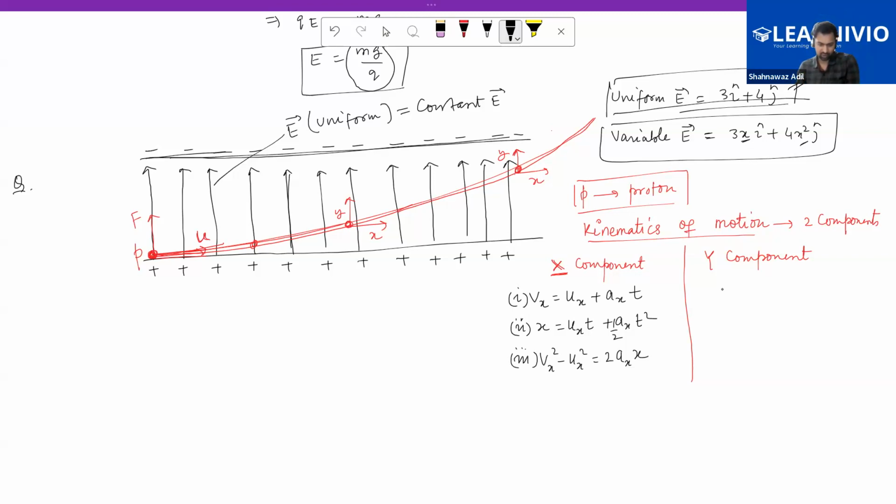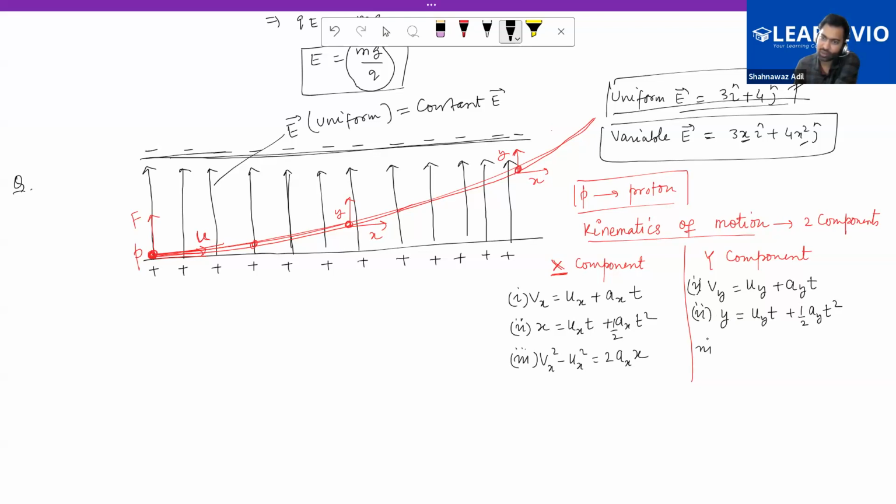Okay. So you have the x component and then you have the y component. What would be the y components? Vy would be uy plus ayt. The second part would be the y distance, uyt plus half ayt square.